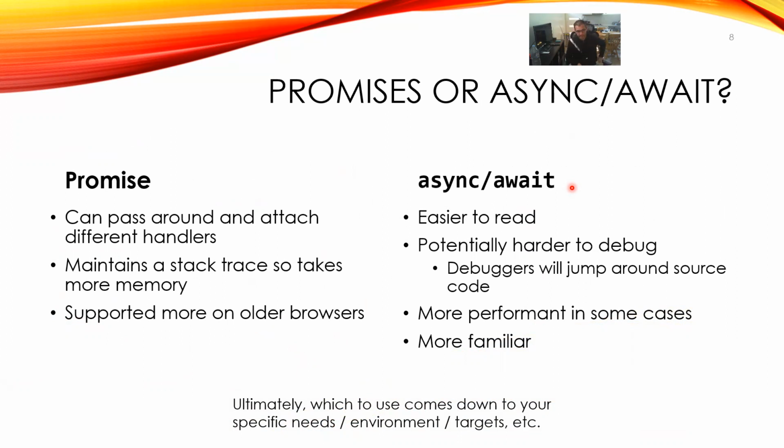Async in a way might be harder to debug. If you've ever tried to write a large application using async and await, you'll notice that you can't just step in your debugger because things aren't happening synchronously. Async and await gives us the impression that it's still happening synchronously, but it's not. It's happening asynchronously, so debuggers will jump around and it's very difficult sometimes to see what's happening.